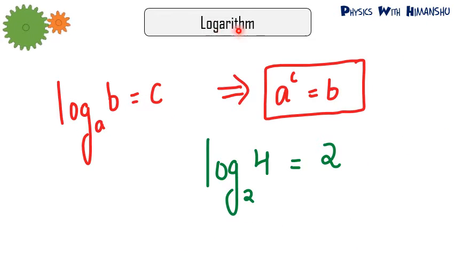So what is logarithm? Logarithm is basically a mathematical function. If you find a statement somewhere that log base a of b equals c, where a is called the base, what does this mean? The meaning of this statement is that a raised to power c will be equal to b.